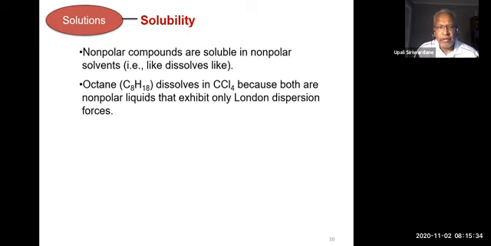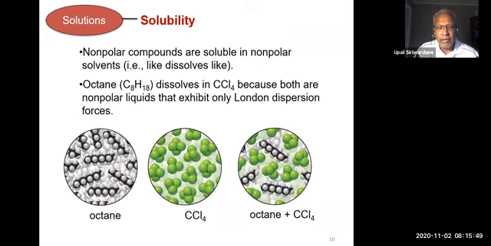that form between the particles. Octane is a nonpolar molecule which dissolves in carbon tetrachloride, which is nonpolar. Both are nonpolar and exhibit only London dispersion forces. Octane is shown here, and the carbon tetrachloride molecules are shown in the second picture.